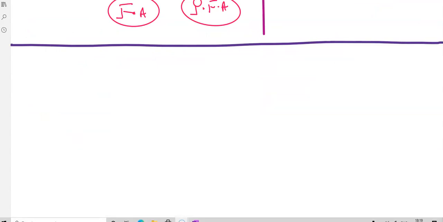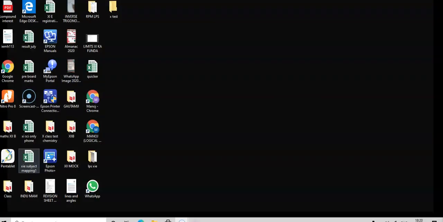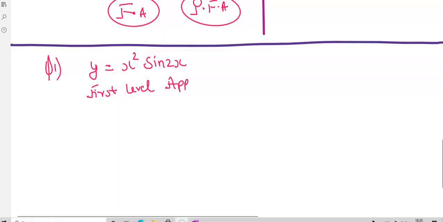Let us see some simple questions based upon the product rule. If we have a question like this, I take it as a new one. It is y is equal to x square into sine 2x. First level I'll apply the product rule.